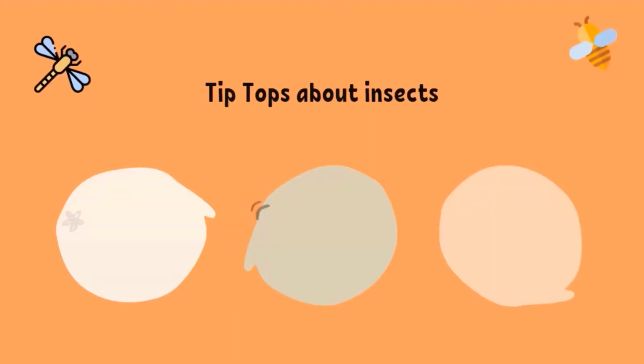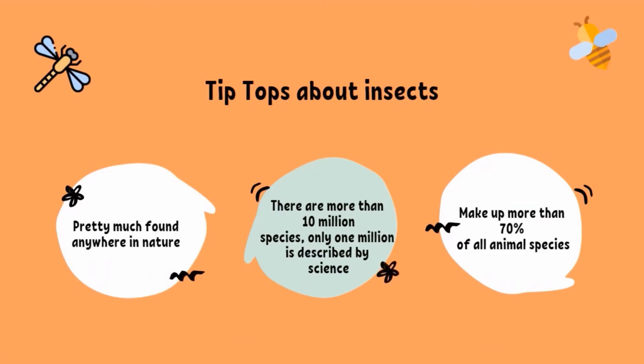To give you 3 quick tips about insects, the first is that they are found pretty much anywhere in nature. The second one, there are more than 10 million species. This number is estimated by scientists, and it's not discovered yet, and only 1 million is described by science, unfortunately.